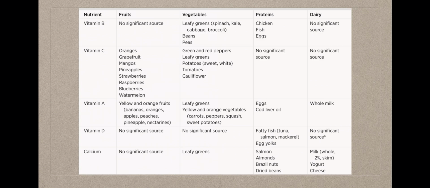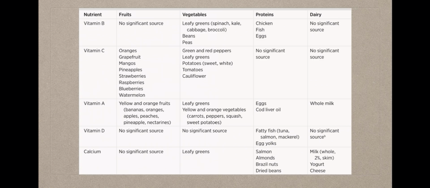We can see here that vitamin B has its highest sources in vegetables like leafy greens, beans, and peas, and also in certain proteinaceous sources like chicken, fish, and eggs. Next, vitamin C has a major source in fruits, that is oranges, grapefruit, mangoes, etc., and in mostly leafy green vegetables.